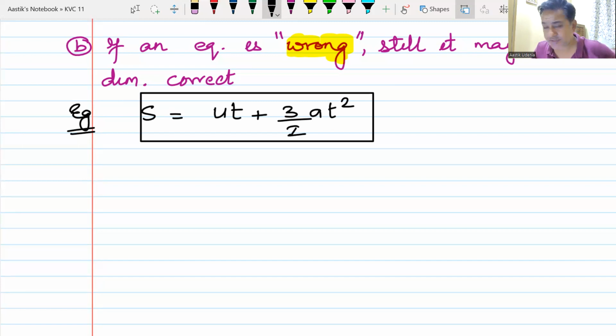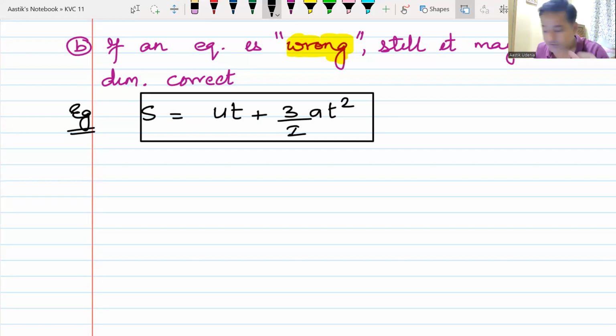Thumbs up stands for yes. Thumbs down stands for no. So tell me, thumbs up, thumbs down. Thumbs down is the democratic winner. This equation is wrong. Yes, it has to be plus half AT square, not plus 3 by 2 AT square.